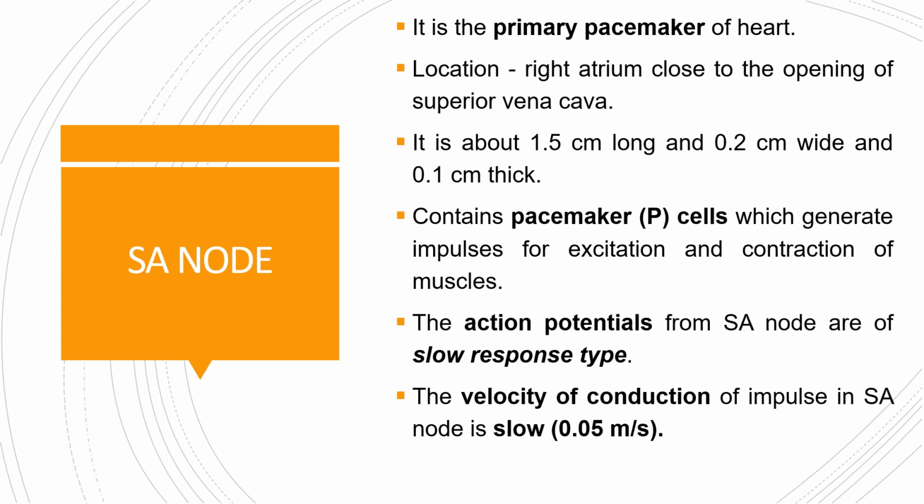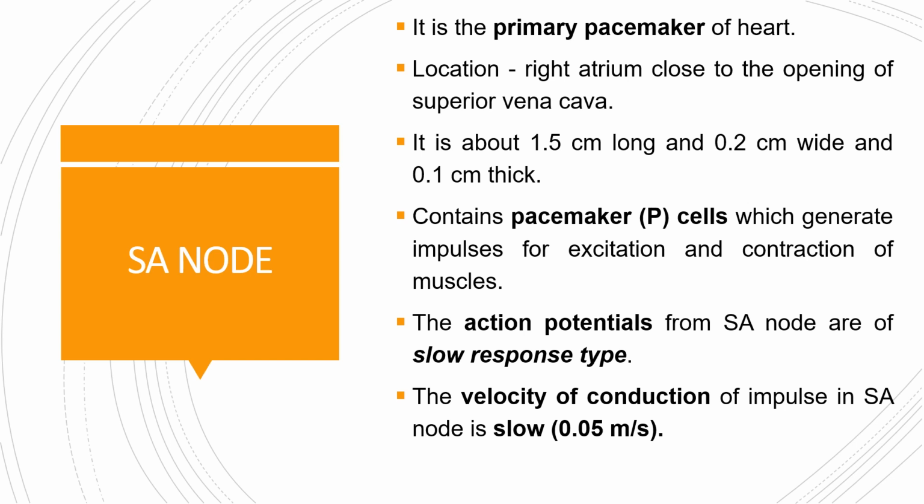Now coming to our first impulse making cell, the SA node. Sinoatrial node, it is the primary pacemaker of the heart. It is located in the right atrium close to the opening of the superior vena cava.